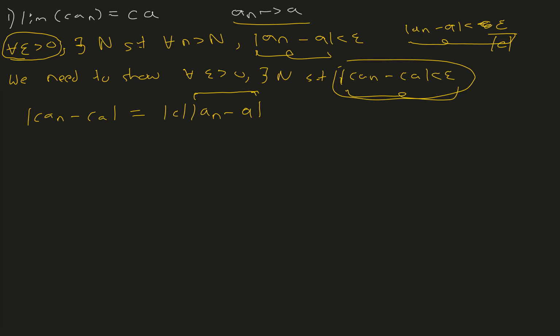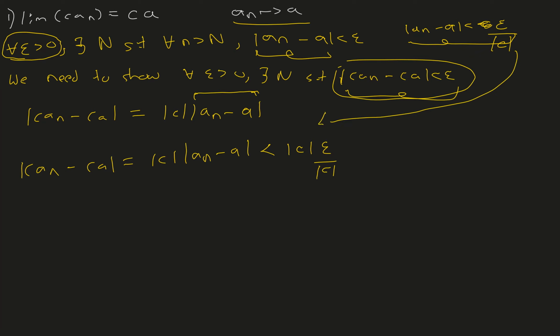Now can minus ca can be written as modulus of c times modulus of an minus a, which in turn is less than modulus of c times epsilon over modulus of c. Where did I get this from? I got this from right here, which is equal to epsilon, because the c's cancel out.